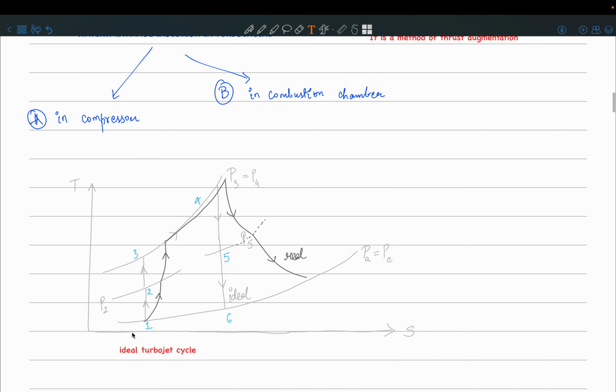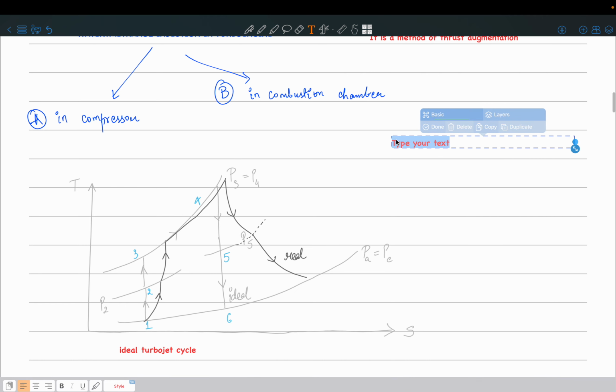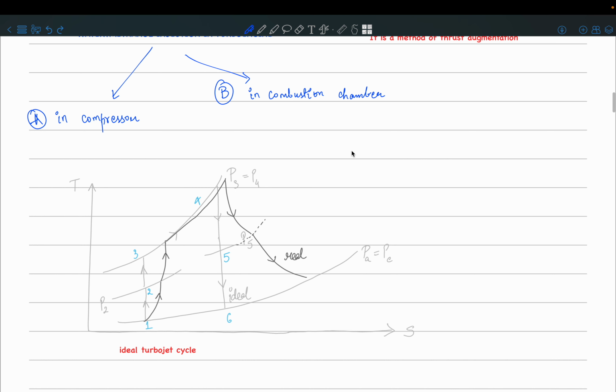So you are saying that, okay, if I add some water and methanol, see, first of all, if you remember that the thrust equation went like thrust is m dot into (ue minus u). So either you increase the exhaust velocity ue or you increase m dot.